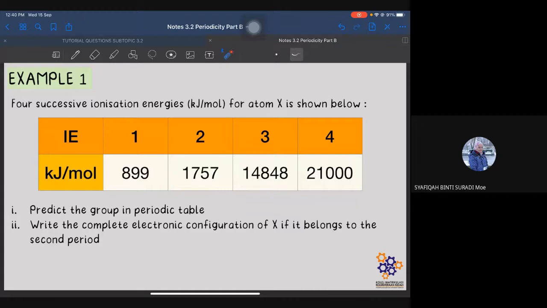Which is why we can use the successive IE punya data. And then disebabkan kita dah tahu group dia, kita dah tahu valence electronic configuration, kita boleh tulis dia punya electronic configuration if dia bagi kita period. So kalau soalan tak bagi kita period, maksudnya kita just tulis dia punya valence electronic configuration. Kalau soalan bagi kita period, which means dia suruh kita buat complete electronic configuration.